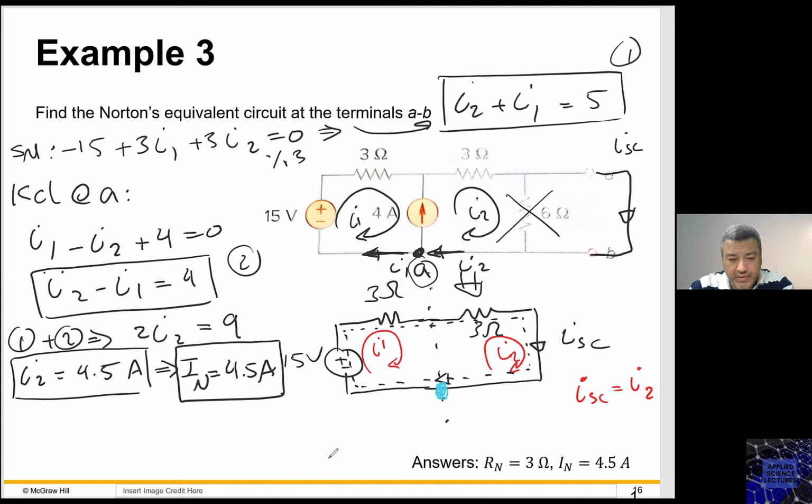So is that where A is when you say KCL at A? Yes, that's correct. But here I removed the current source just to show you the super mesh. But this doesn't mean that the current source is not there. This is just for illustration purposes to show you where the current source is. But the current source is here and no difference at all.